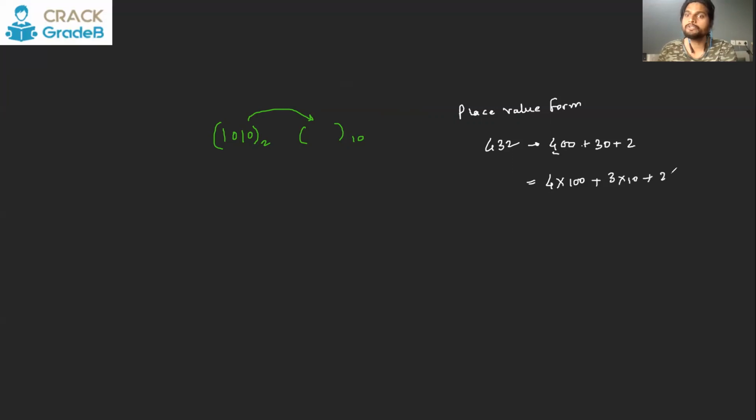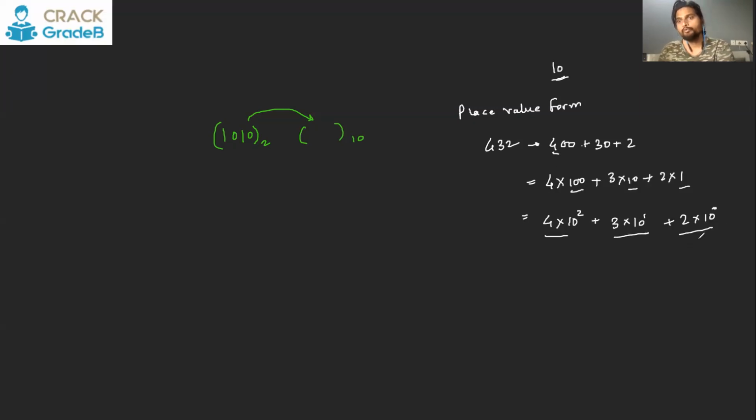And 2 is at the unit place, so you multiply 2 by 1. Our system is the decimal system, so the numbers that we are multiplying by are powers of ten. So this is 4 into 10 raised to the power 2, plus 3 into 10 raised to the power 1, plus 2 into 10 raised to the power 0.